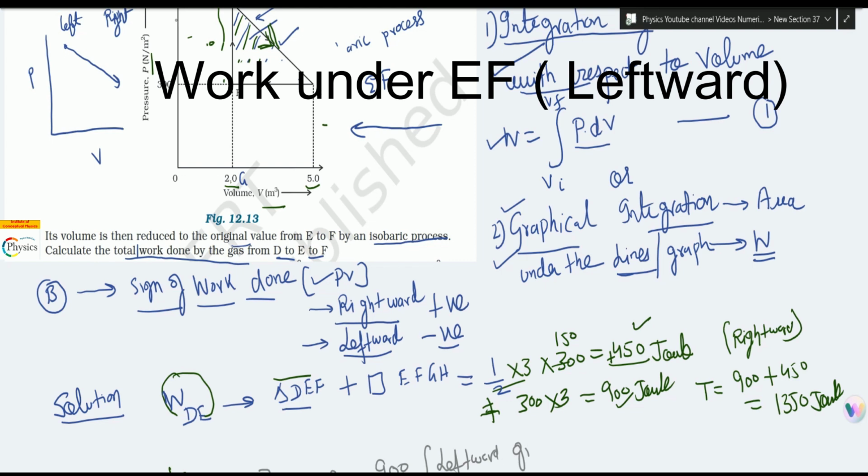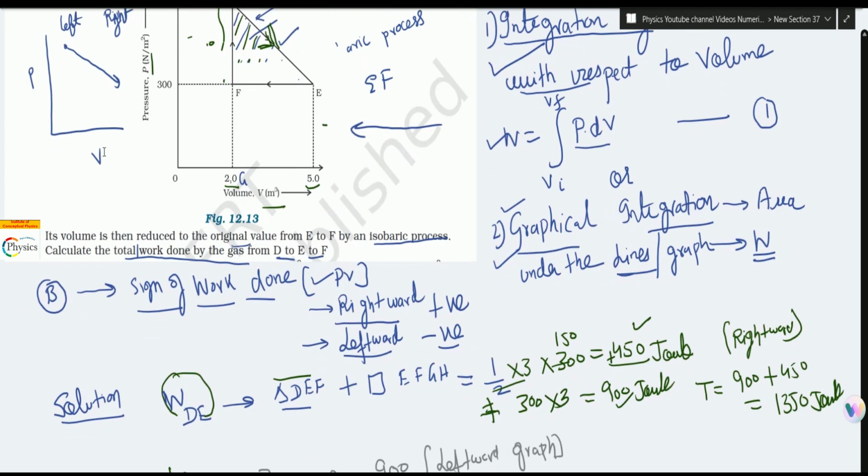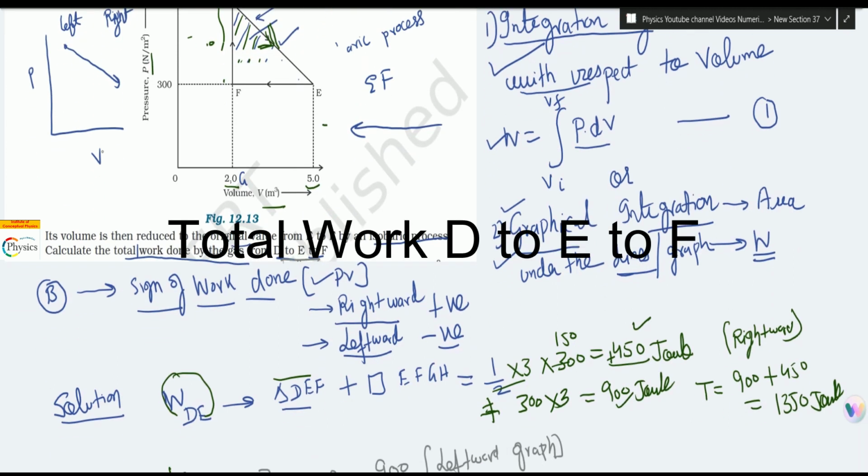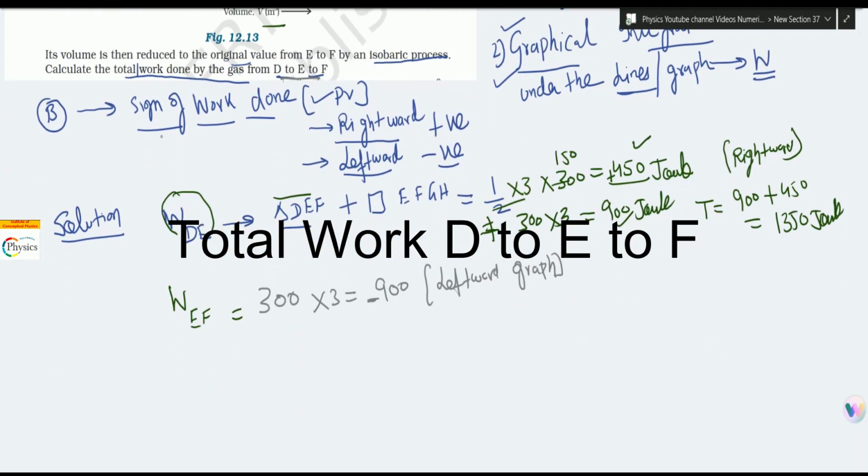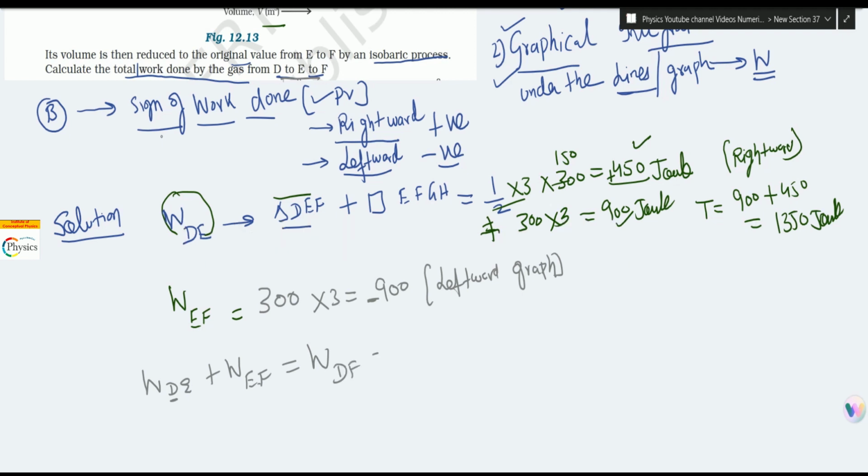What are you supposed to find? You're supposed to find the total work done from D to E to F. So we will add the work done from D to E plus the work done from E to F. This will give you the total work done from D to F, the sum of both graphical integrations.